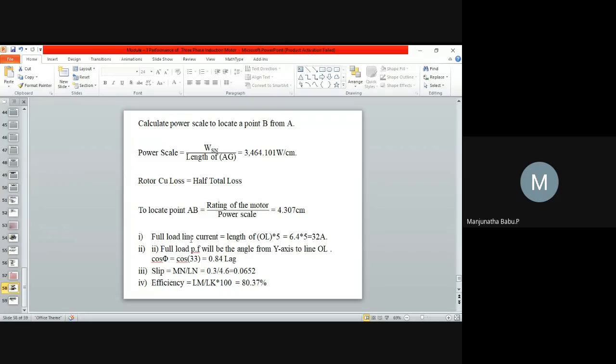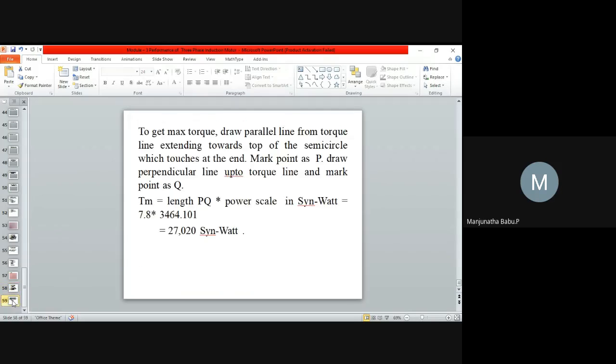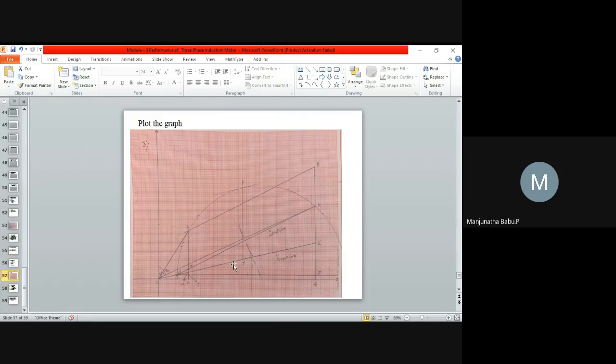Next, to find the maximum torque, from the torque line, extend the line which touches the top of the semicircle. There you mark point P. From point P, draw a perpendicular line up to the torque line.